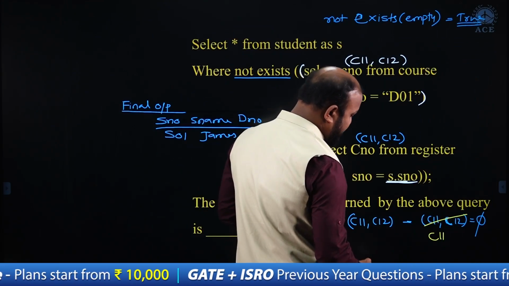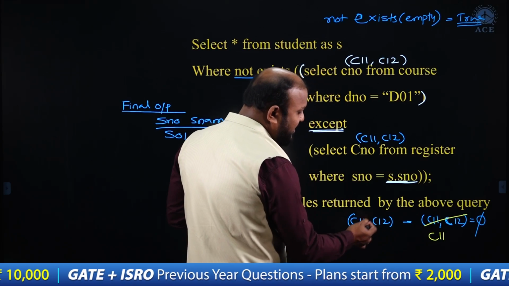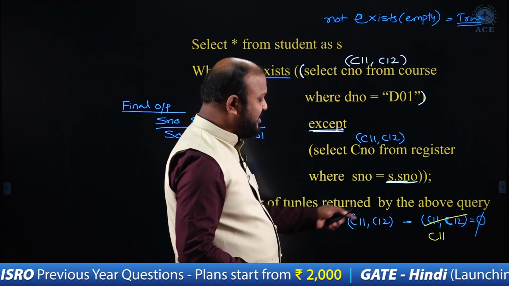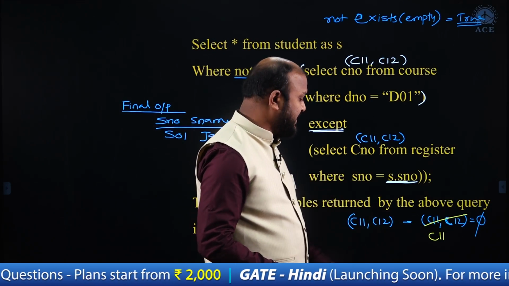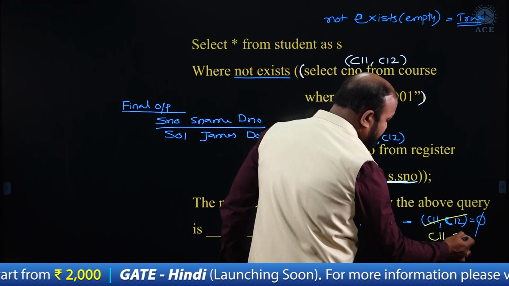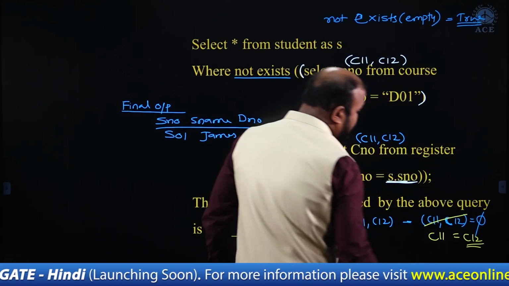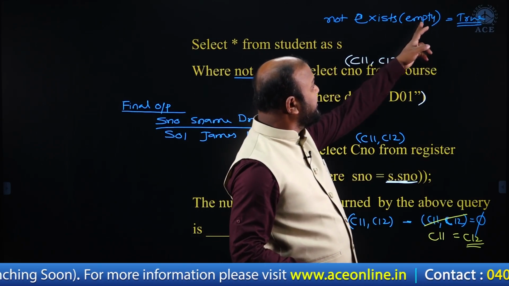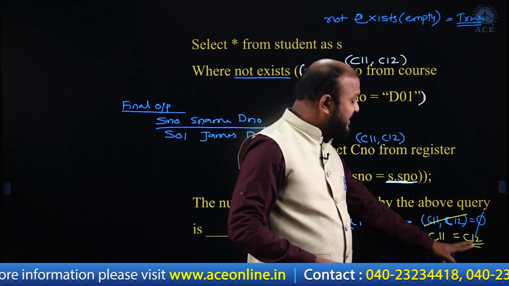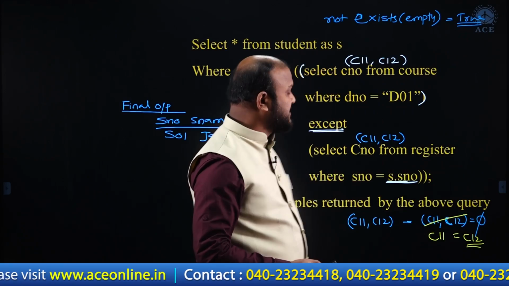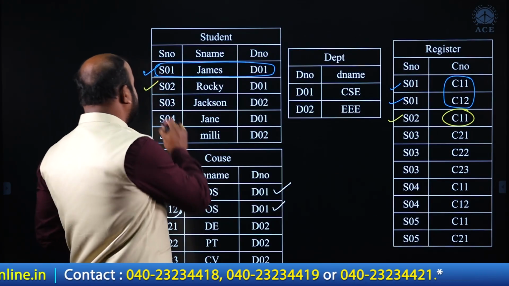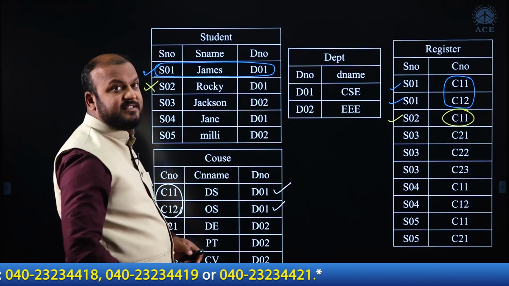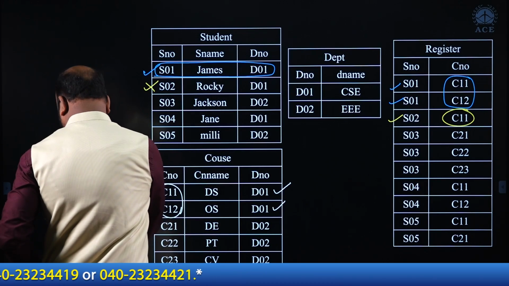Now, look at C11 minus C12. C11 minus C12 will give you what? C12. Now, not exists operator on an empty set only returns true, but you are getting a result, so it is going to return false. Because it is returning false, this S02 Rocky D01 is not going to be in the output.